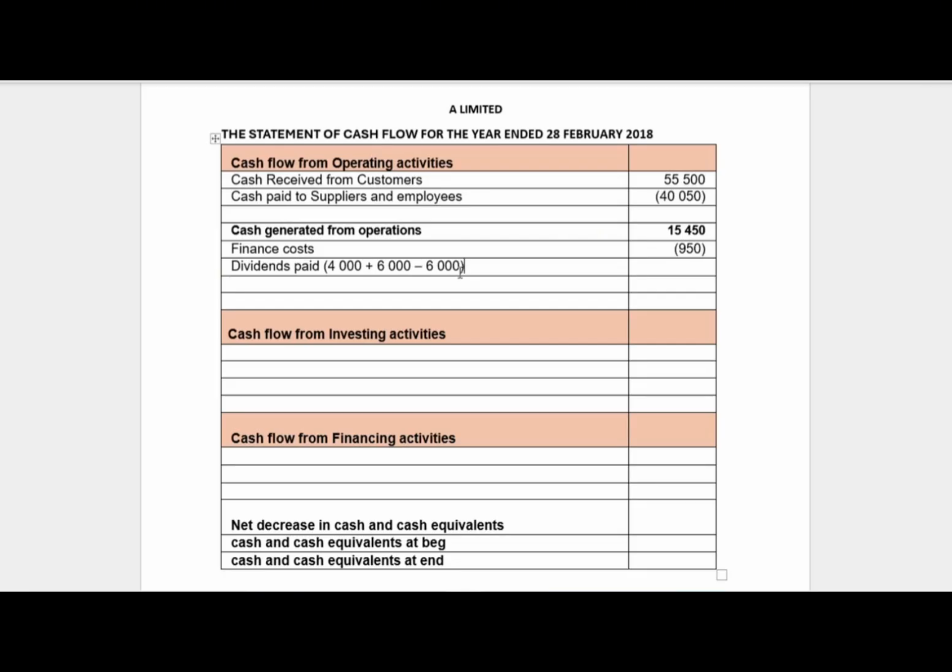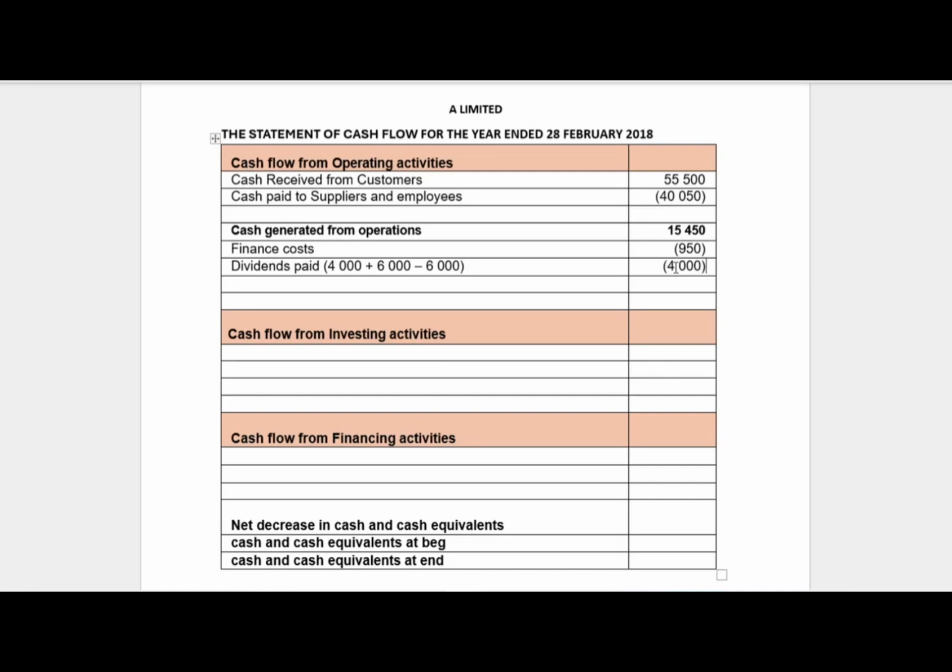So let's do the calculation quickly. It's going to be 4,000 plus 6,000 minus 6,000. So I am getting an outflow of 4,000 rand, because any payment you make is an outflow.